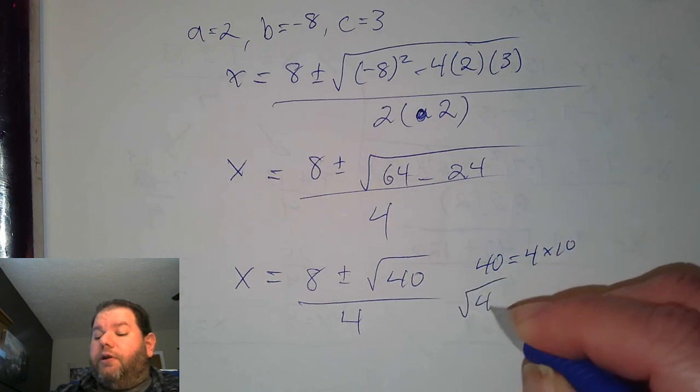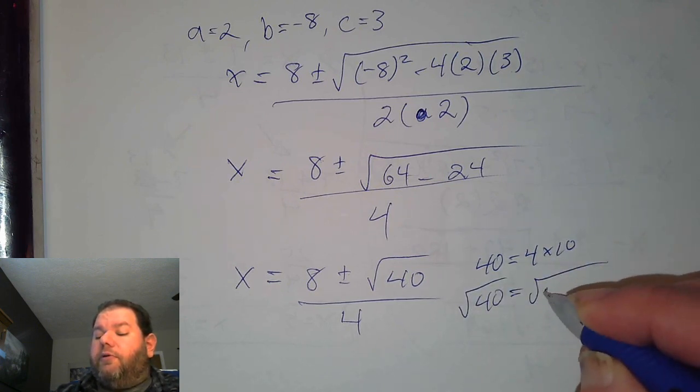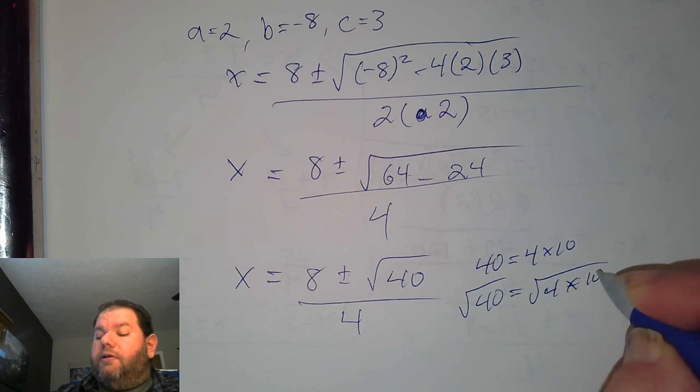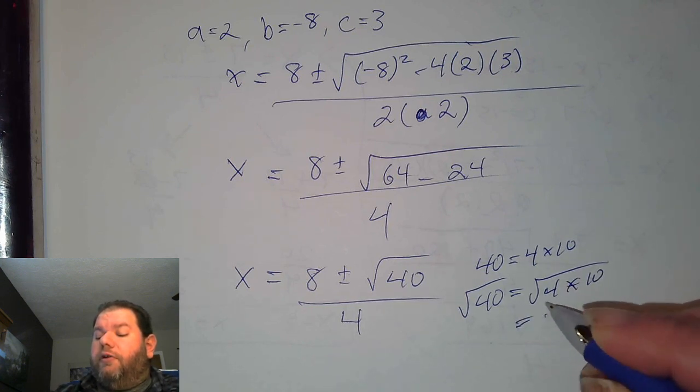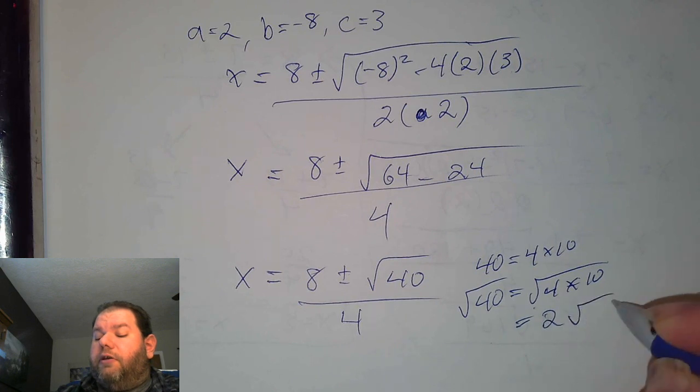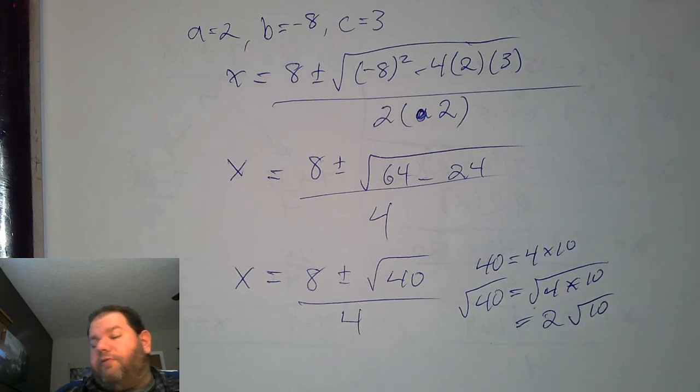So square root of 40 is square root of 4 times 10, and the square root of 4 is a 2, and then we still have 10 under the square root.